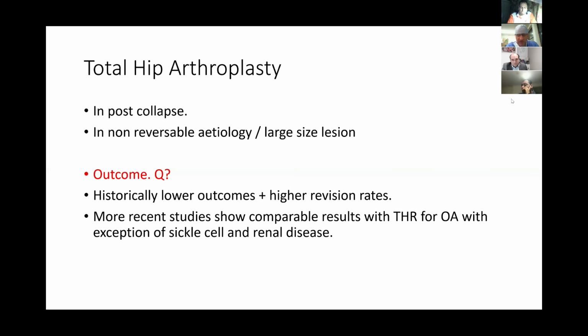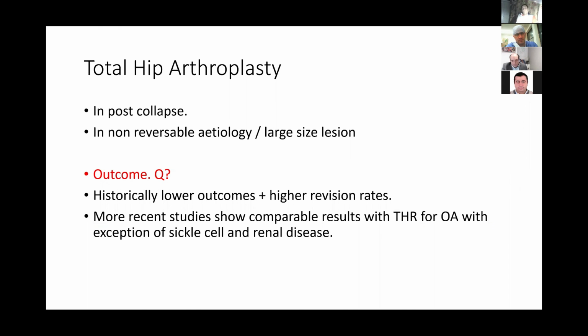A question from me: if you have a patient who has progressed in their AVN and deteriorated to the point where they need a joint replacement, would your approach to the hip replacement be different depending on the cause of the AVN? That's a good question, and surprisingly, I really haven't found a solid answer for that.